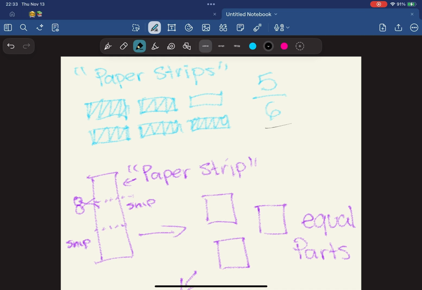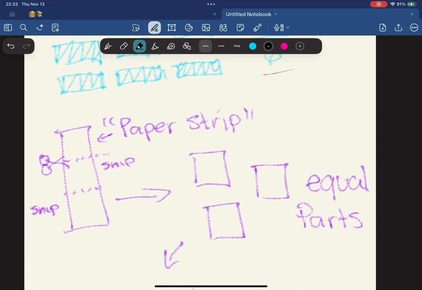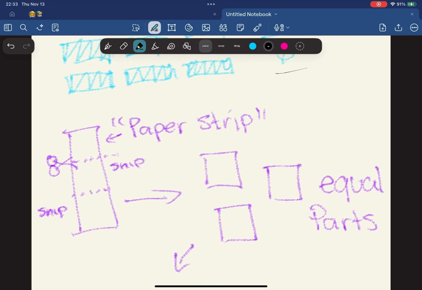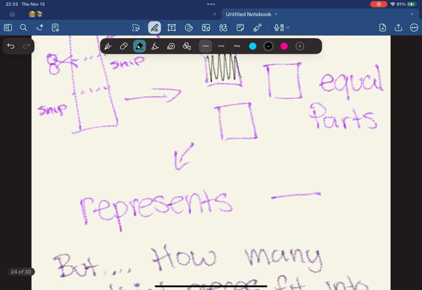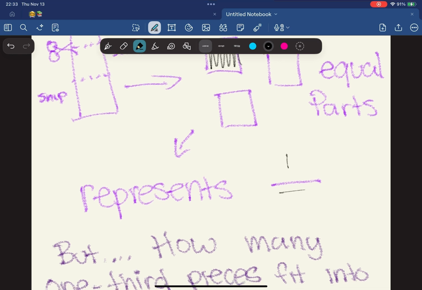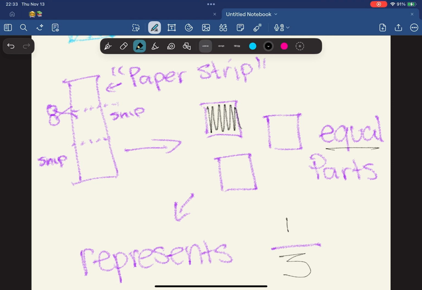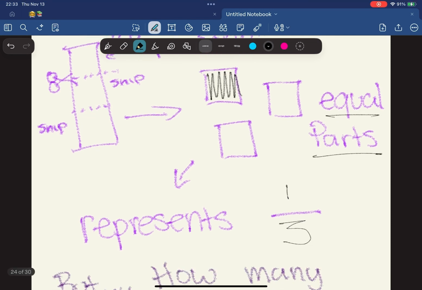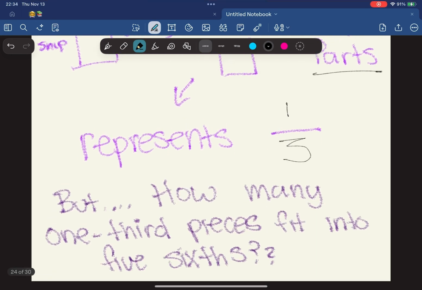Now we are working on a new paper strip. We have our whole, and we divide that into 3 equal parts. If we had this in person, we would cut the 3 parts and color in one of them, and that gives us 1/3. But we want to know how many 1/3 pieces fit into 5/6.